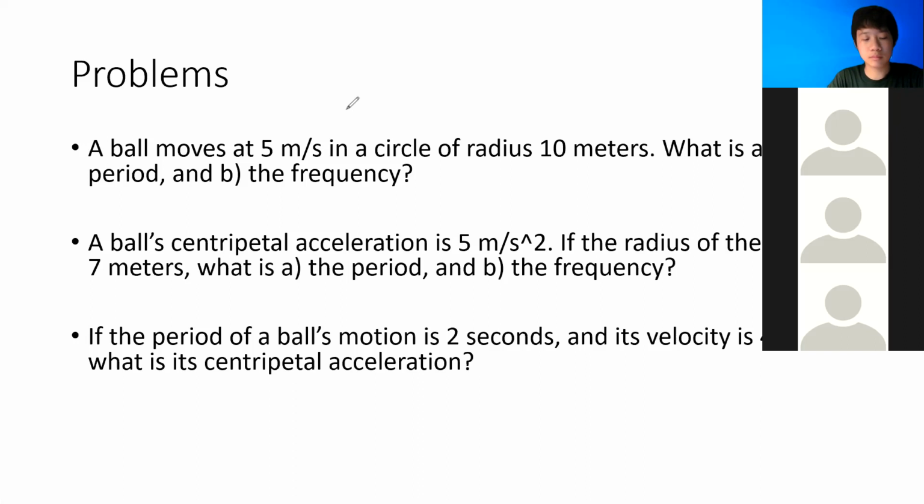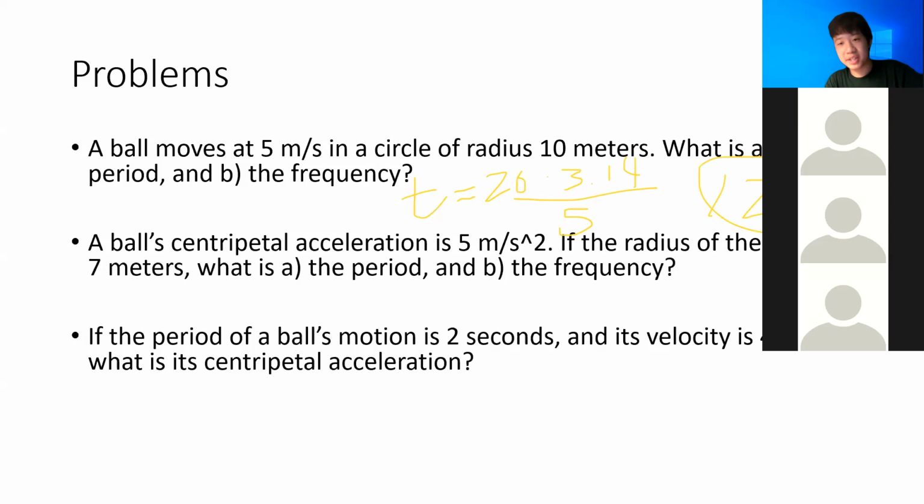T is equal to 2 times R, which is 20, times 3.14, which we use for pi, all over velocity, which is 5. 20 times 3.14 is equal to 62.8, divided by 5 is equal to 12.56, and that is the answer.